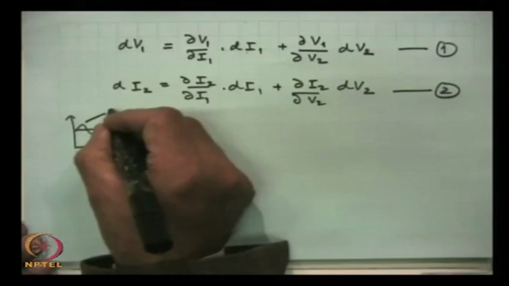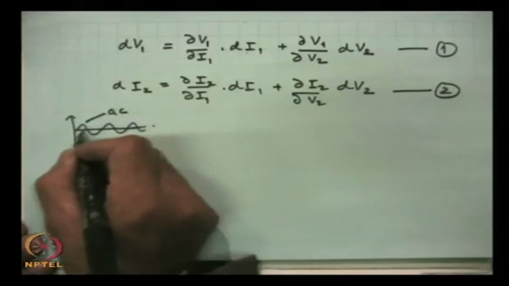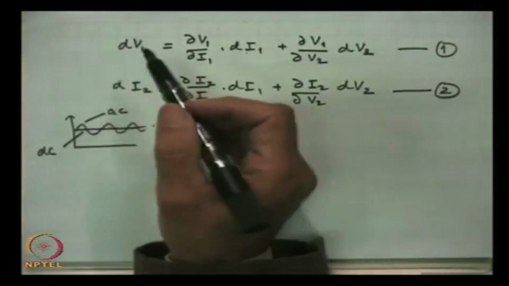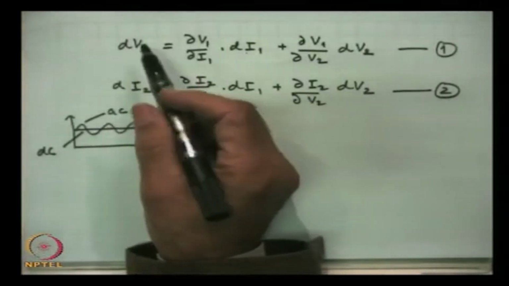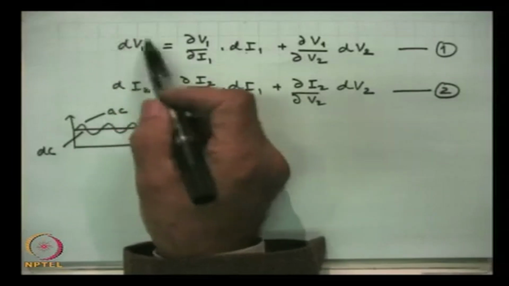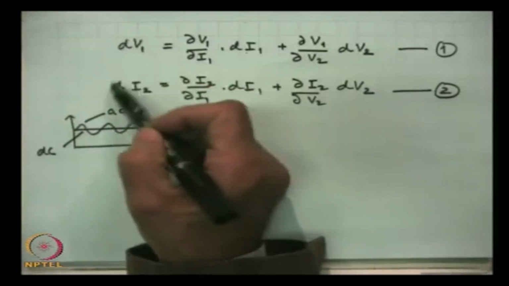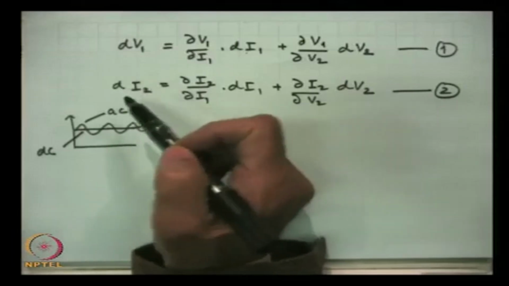So, this is AC, this is DC. So, when we talk of variation, then this accounts for actually just the AC component. Similarly, here the AC component.